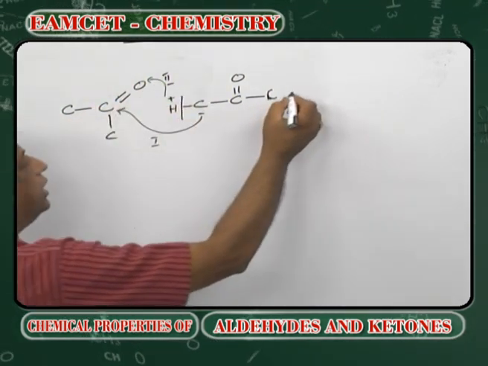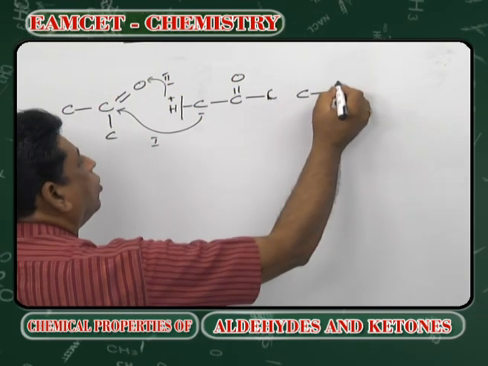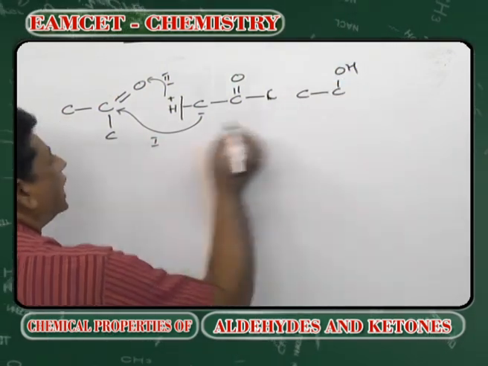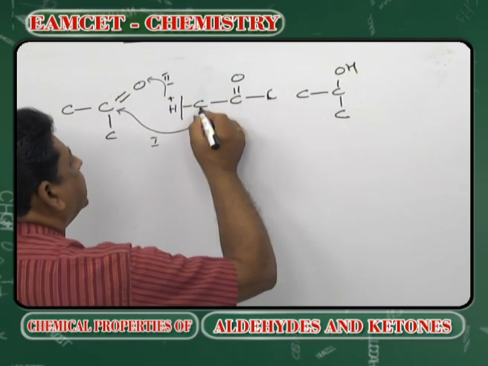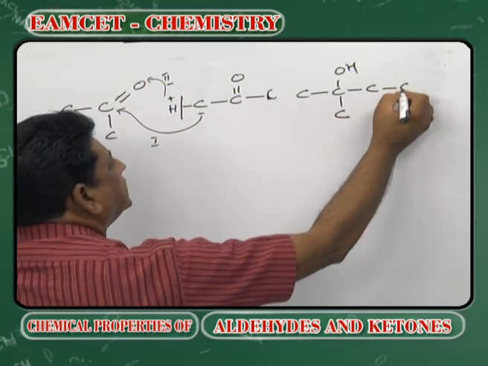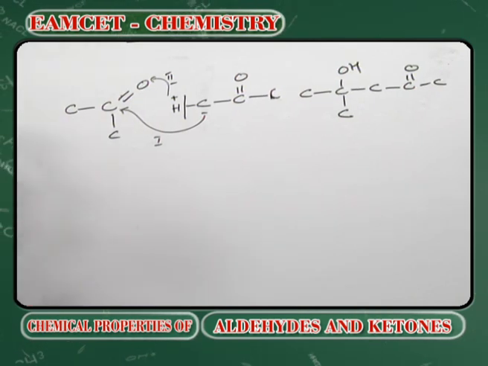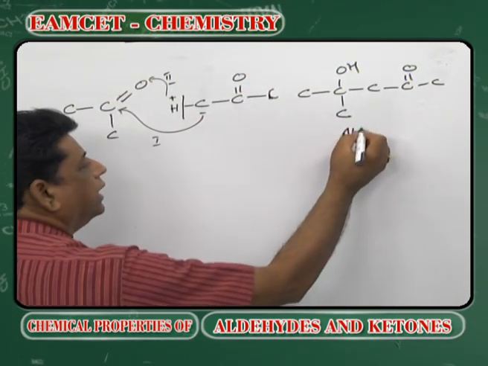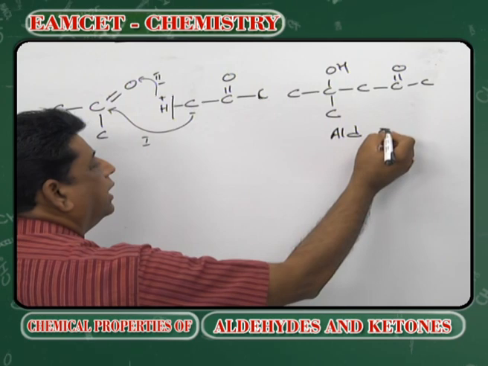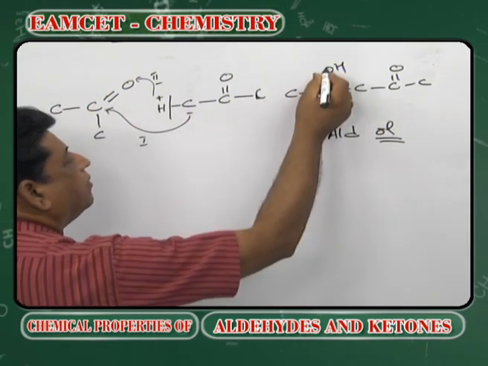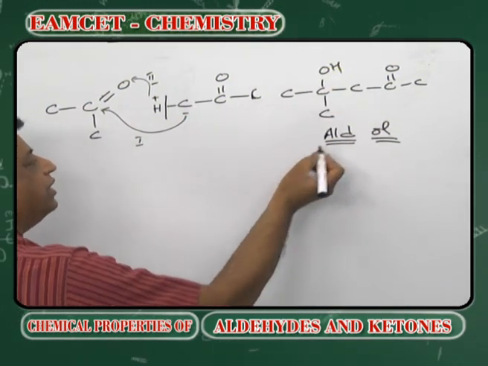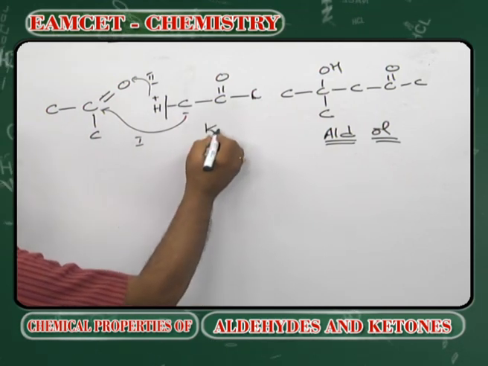Plus adds here, however minus adds first and then plus is added. So the joint compound is now: O will become OH, a methyl group, then this carbon, and the rest of the acetone is written here. So this is known as an aldol actually. But is it an aldehyde? No, it is not. It is a ketone I have taken.